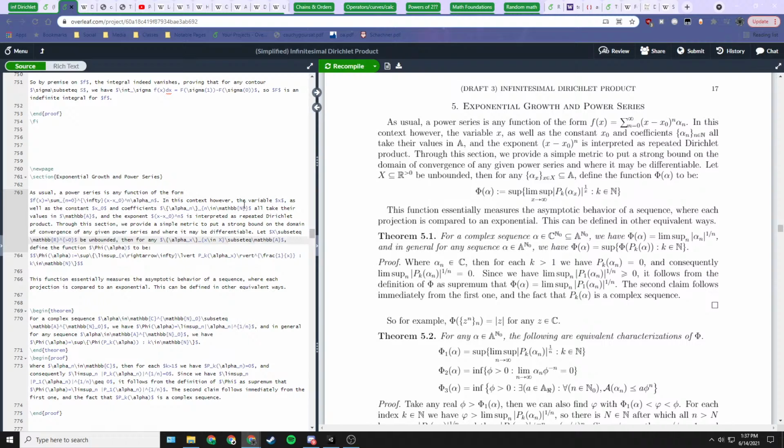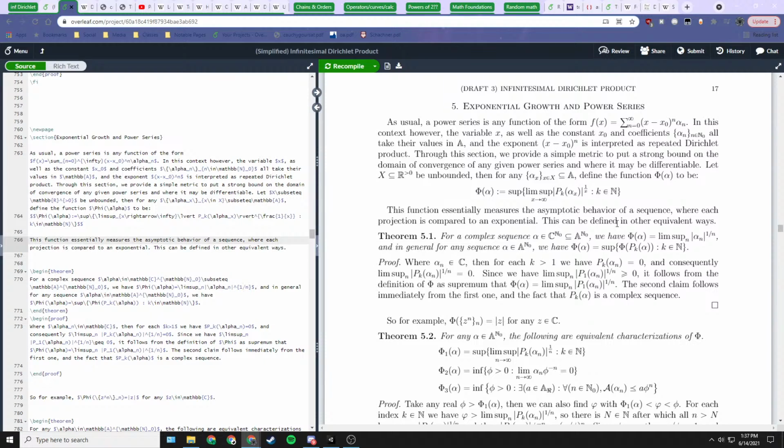Let me also fix this typo, this should be n0. Essentially this measures the asymptotic behavior of a sequence where each projection is compared to an exponential. This can be defined in other common ways.